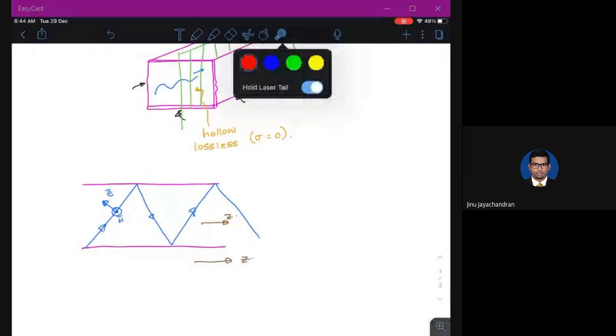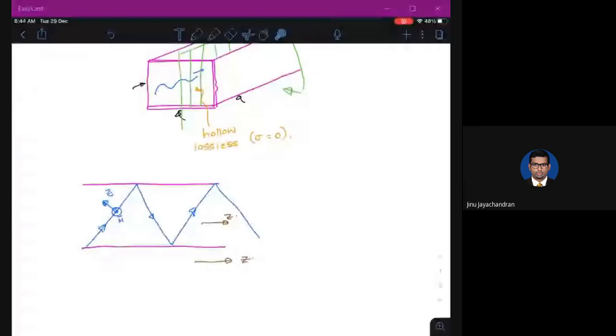Okay, and you will have an H, which is the magnetic field perpendicular to the direction of propagation, which is currently towards you, and there's an E field which is perpendicular to both the direction of propagation and to the magnetic field. But you see that E has a component along the direction of propagation, which is this.